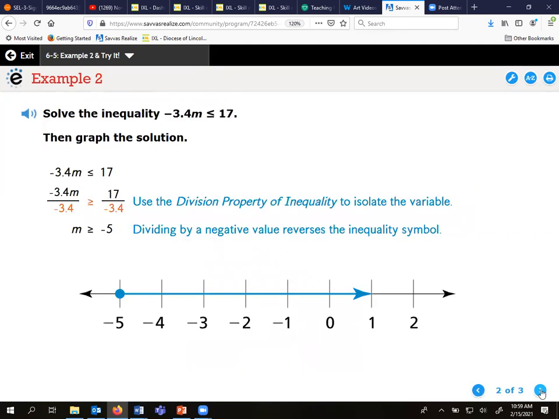When you divide, it's going to become a negative 5. But you notice that our inequality symbol now has flipped around, and that's where it's different than an equation. Dividing by a negative value reverses the inequality symbol.